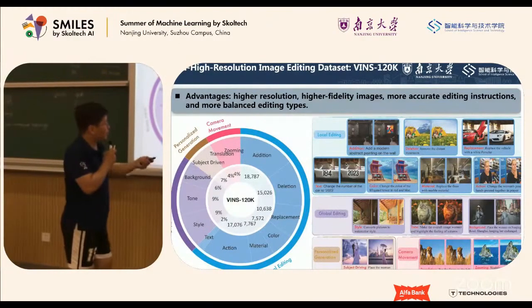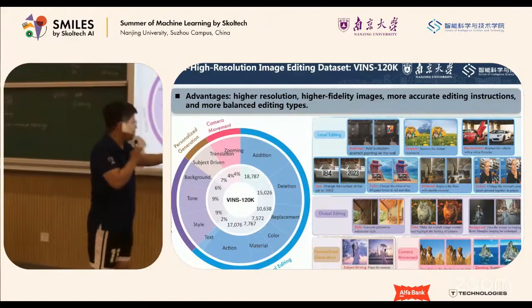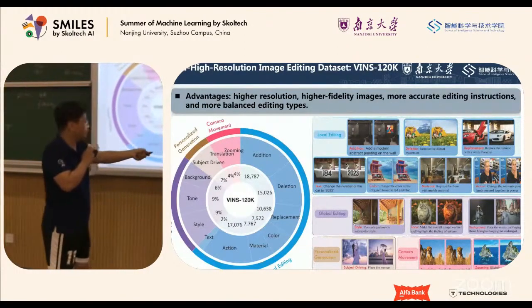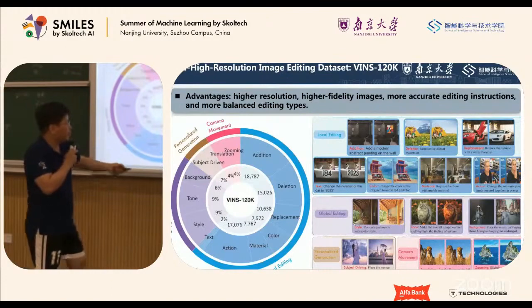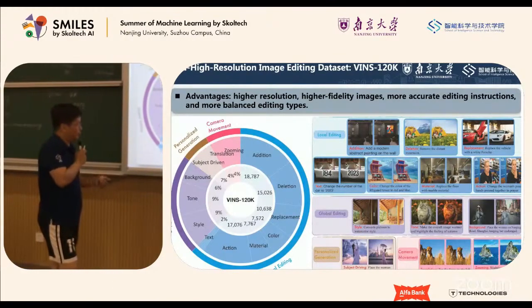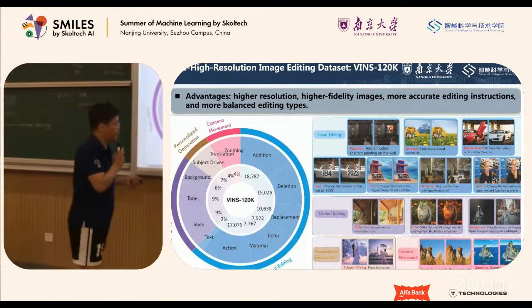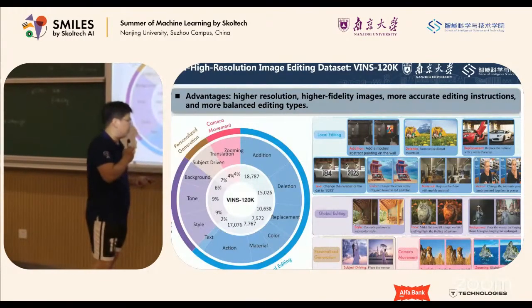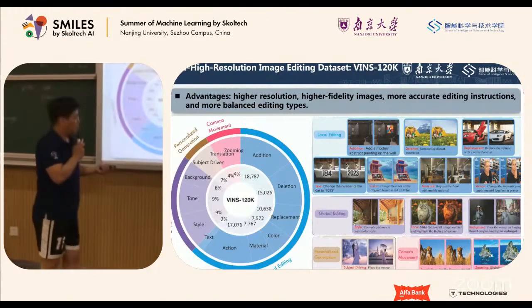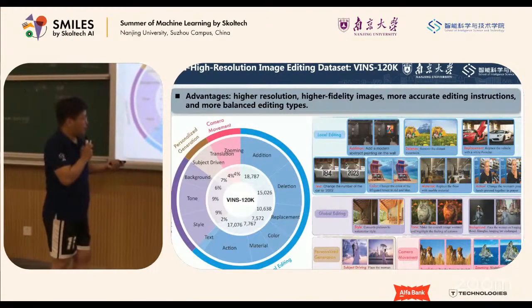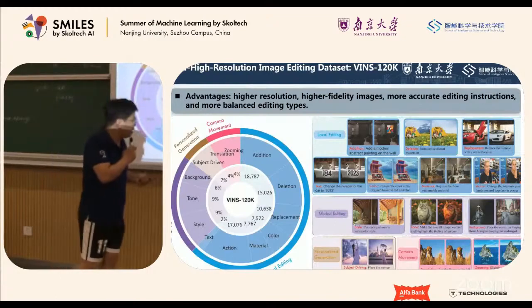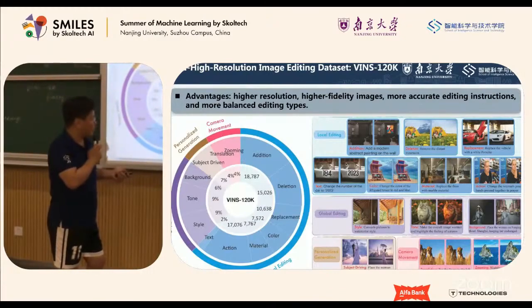The second part is global editing, like change the style of the image, change the tone, and change the background. And here is personalized generation, which means subject driving, place the woman in different places, for example place this woman in Shanghai. And the last one is camera movement. We can do translation, zoom in, and zoom out.